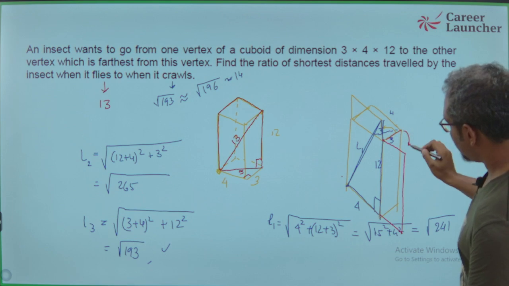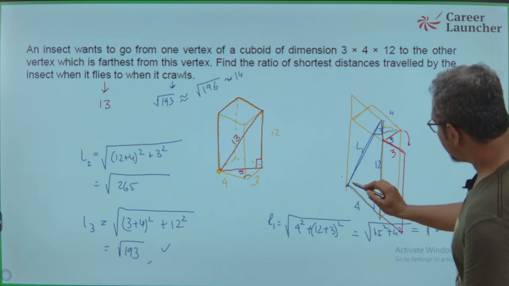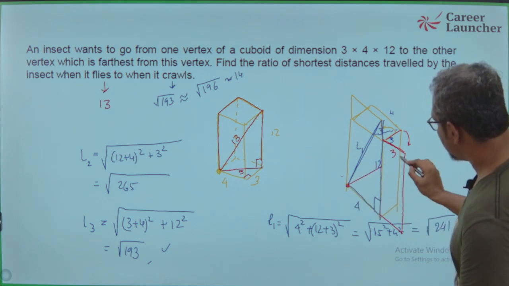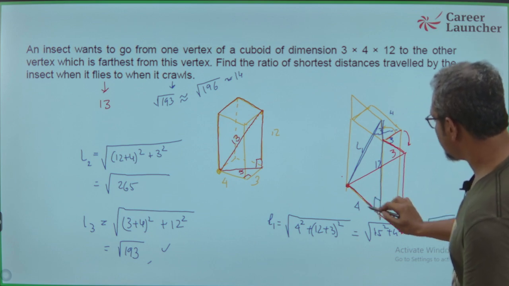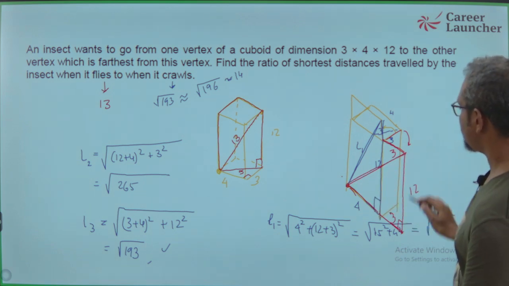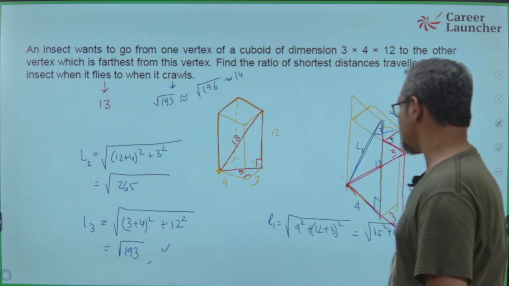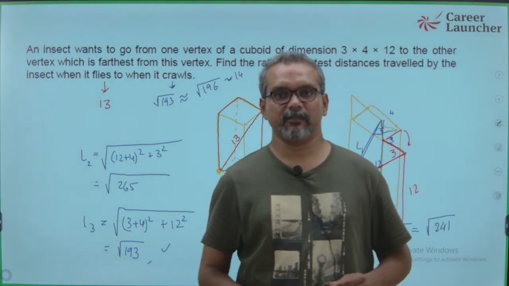This was 3. Now this has become 3. So this insect is trying to go from here to here. So 4 plus 3, this is now 7, and this is still 12. So this will be square root of 7 squared plus 12 squared. This is what we have done. Similarly, the third one will also come. I hope this was now clear. Thanks for watching.